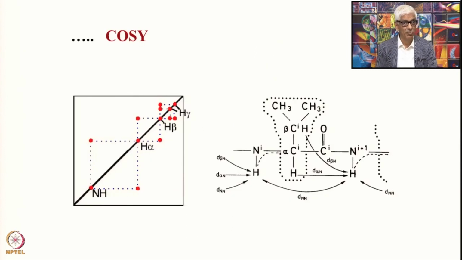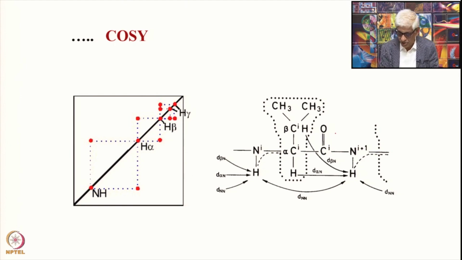Let us take a particular molecule here. This is a peptide, a dipeptide. The NH, alpha, CO is one amino acid, written as I. So I represents the magnetization of the residue in a polypeptide chain.